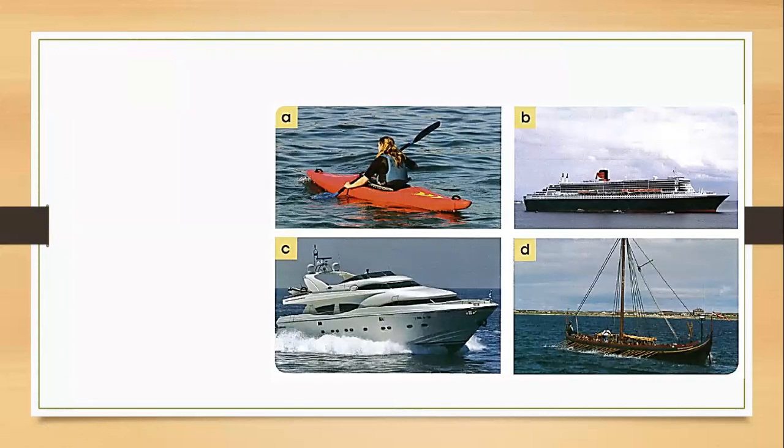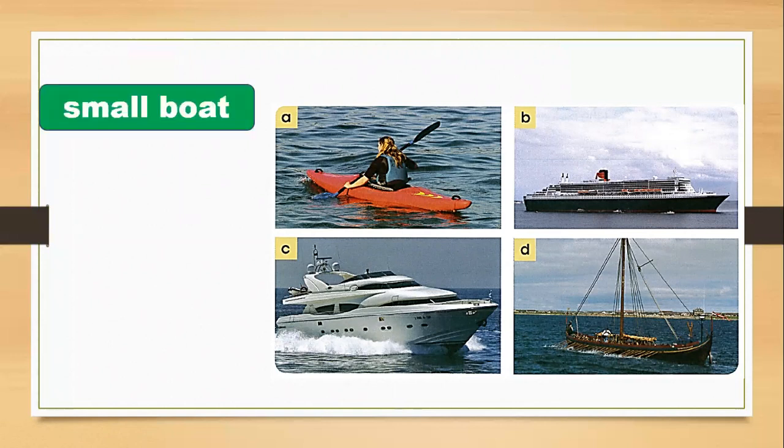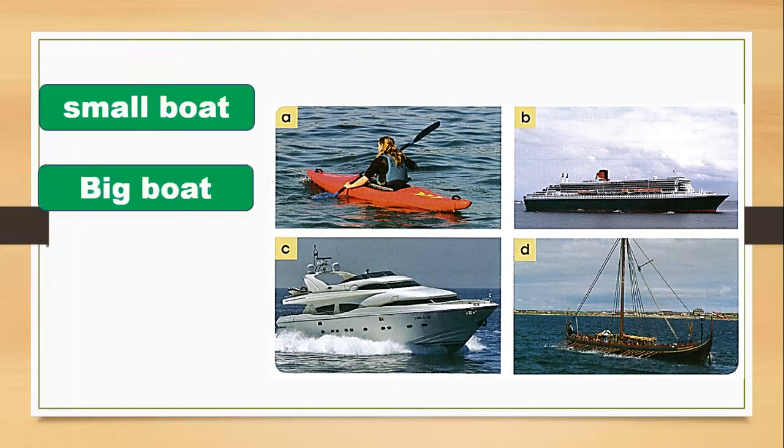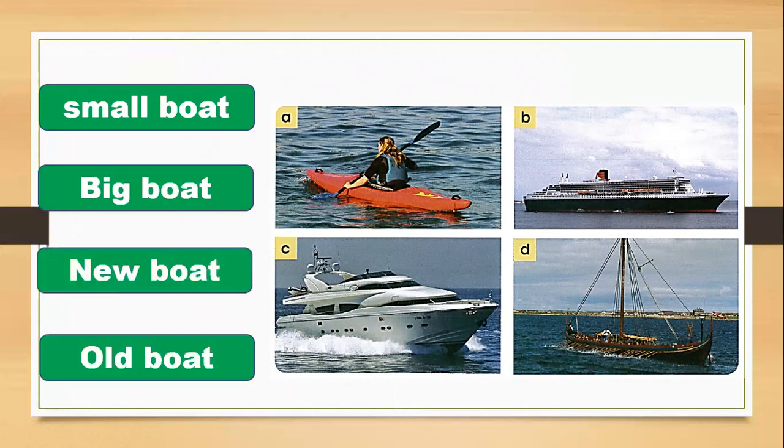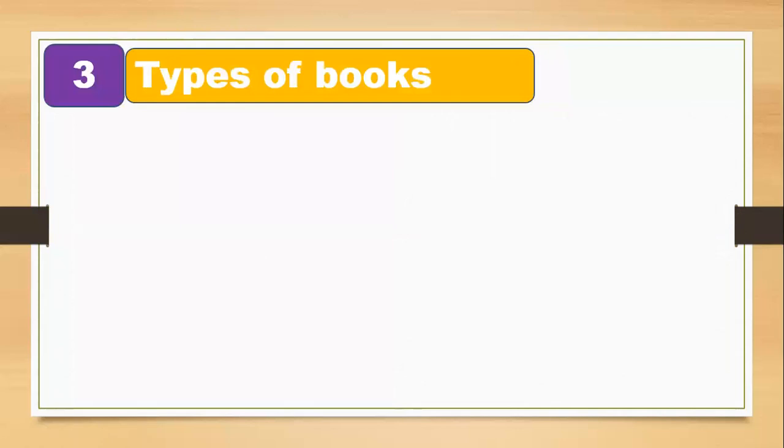So here are the boats, this book is about boats. So here is the small boat, big boat, new boat, and old boat. Today we all talked about types of books.